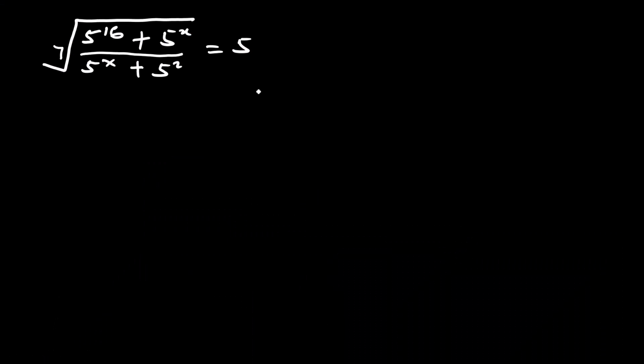First thing to do is to remove this root sign. In case you have, let's say, root x equals 5, to remove the root sign you have to square both sides in order to get rid of the square root.